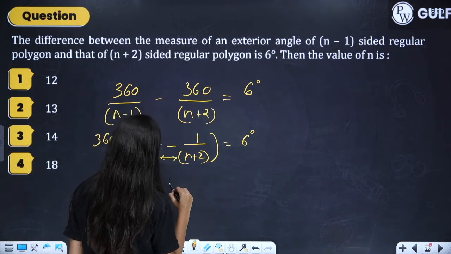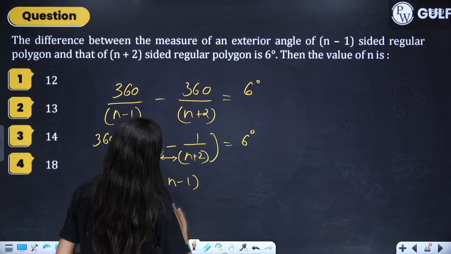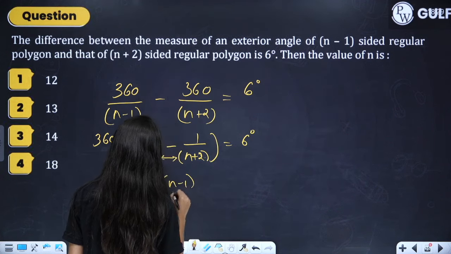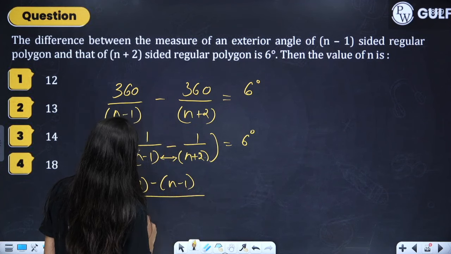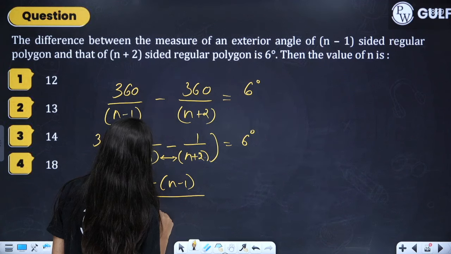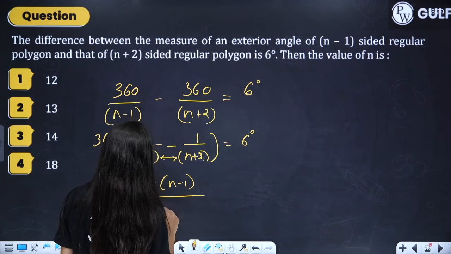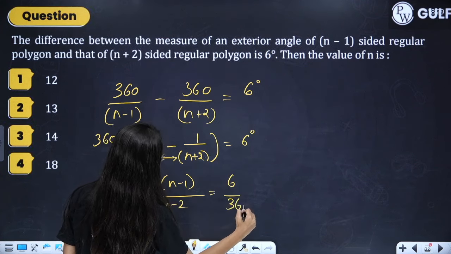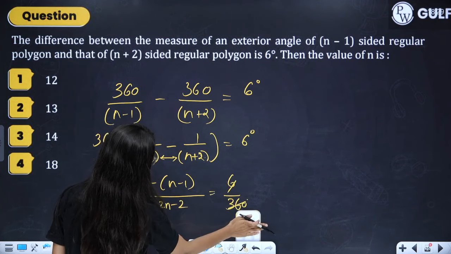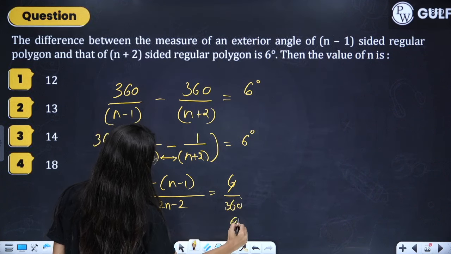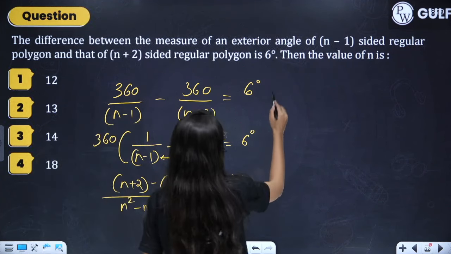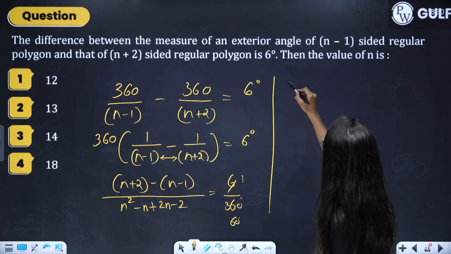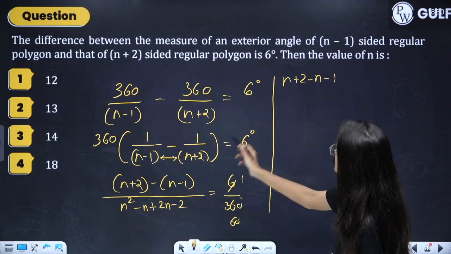Plus 2. 1 by. All this side. Here n gets cancelled out, but I'll be opening this bracket first of all. Plus 2, minus will become plus.